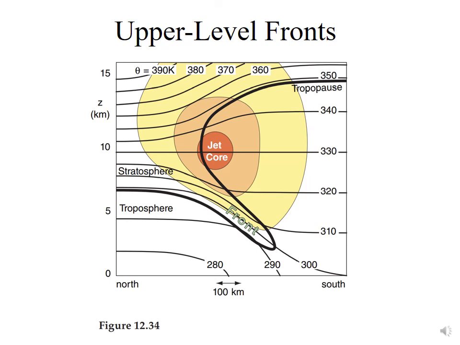And as it turns out, there's actually a circulation that occurs around the jet core, and it is one of the places where you can actually have air from the stratosphere that is dragged down into the troposphere. And here you have a front between the troposphere and the stratosphere. And that stratospheric air, of course, is going to be warmer than the tropospheric air, and it's also going to have higher ozone concentrations.